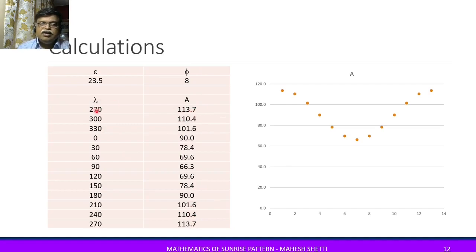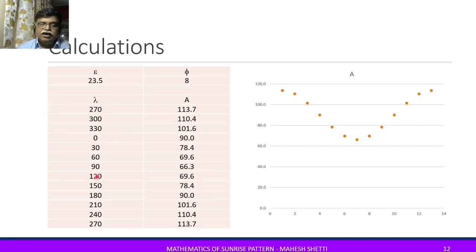You see here the azimuth is greater than 90 degrees, which means the angle measured is more than 90 degrees, or the object is in the south, and at winter solstice the azimuth is maximum south. Then when λ becomes 0, that is the vernal equinox, the azimuth is exactly 90, which means the sun rises exactly at east.